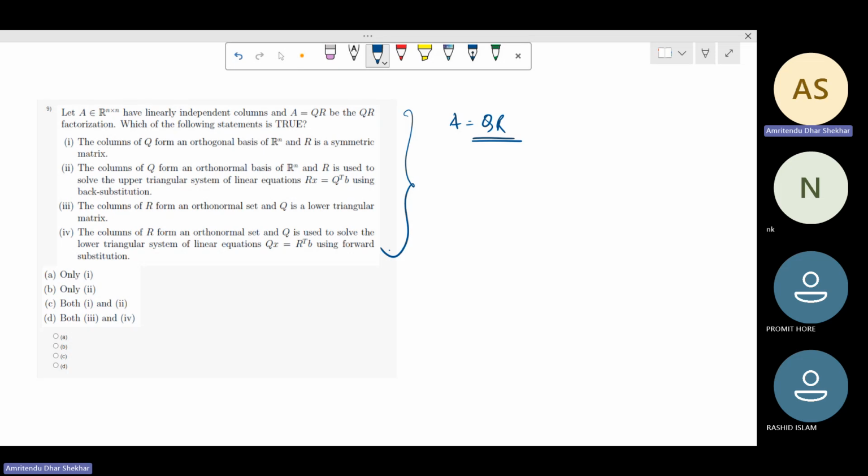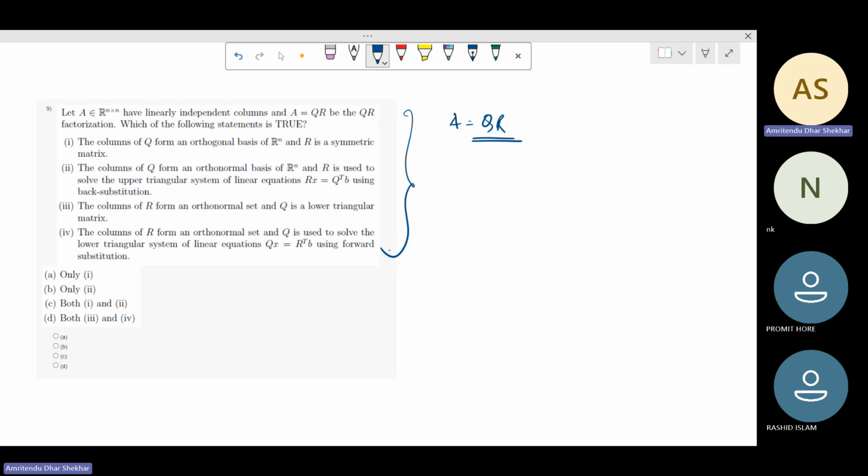In almost all cases, it's not going to be symmetric, unless A itself has orthogonal columns. So when can R be symmetric?